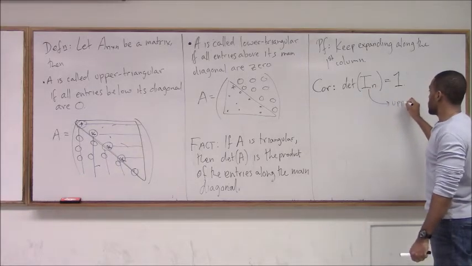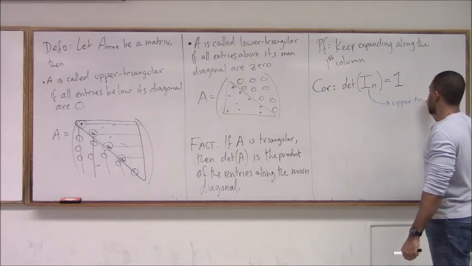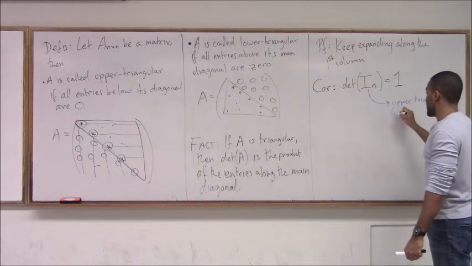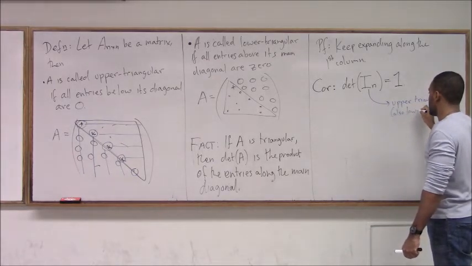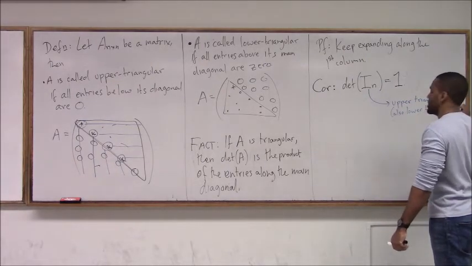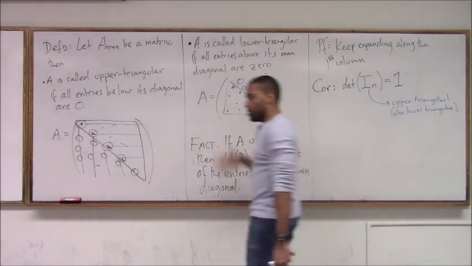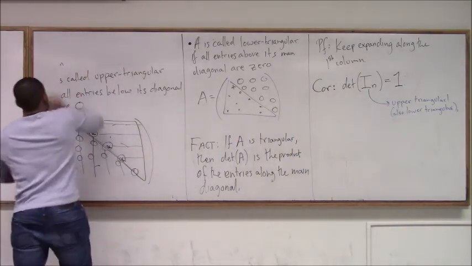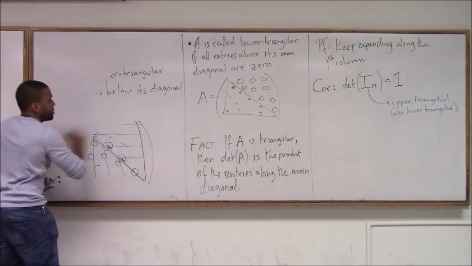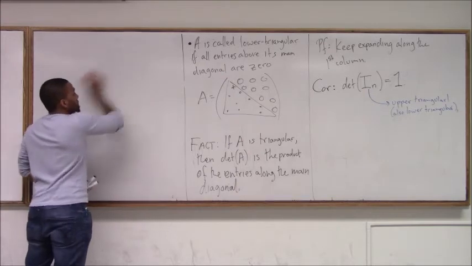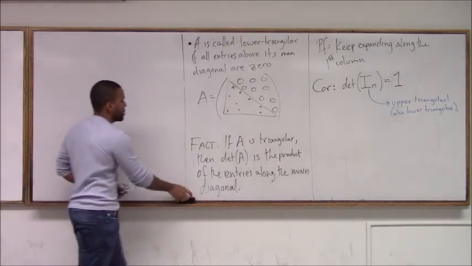This is upper triangular, or lower triangular. It's also lower triangular, yeah. So it's triangular. That's an important fact. We're going to be using that, and it follows straight from the definition from cofactor expansion. So the determinant of an identity matrix is always 1.